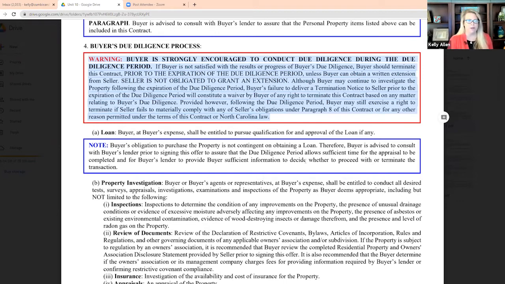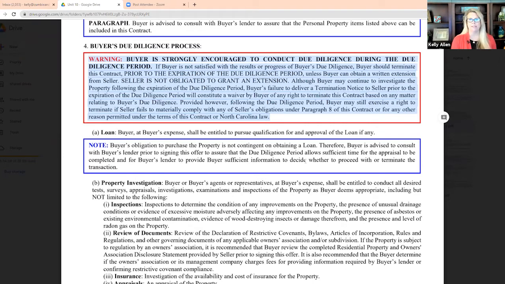Provided, however, following the due diligence period, buyer may still exercise a right to terminate if seller fails to materially comply with any of seller's obligations under paragraph 8 of this contract, or for any other reason permitted under the terms of this contract or North Carolina law. So what that means essentially is once we pass that due diligence date, it is a hard date.